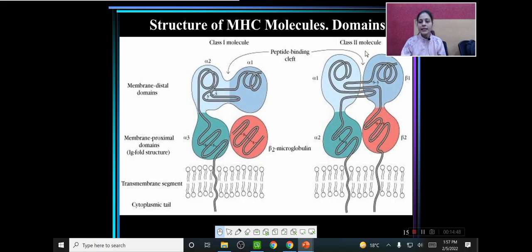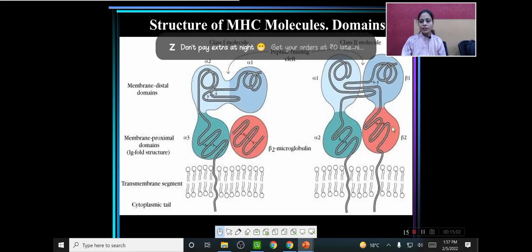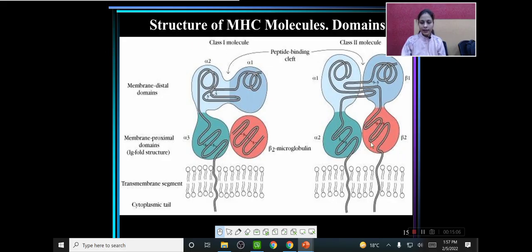And this is the class 2 molecule, in which two types of chain are present, that is alpha chain and beta chain, right? The alpha chain has alpha 1, alpha 2, and the beta chain has beta 1 and beta 2, right? So what happens in this? This is the cytoplasmic tail which crosses the transmembrane segment.